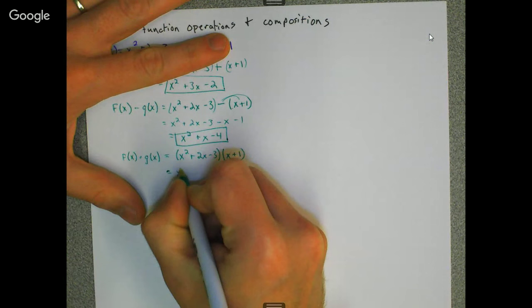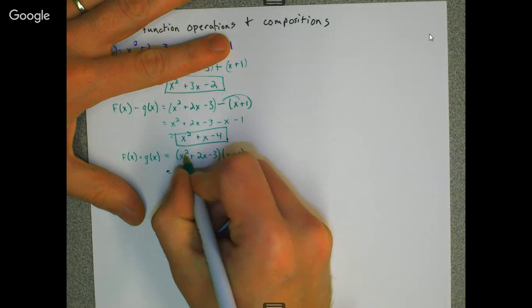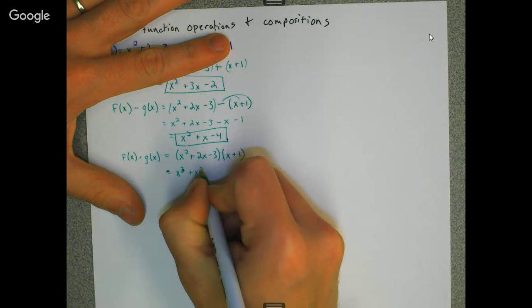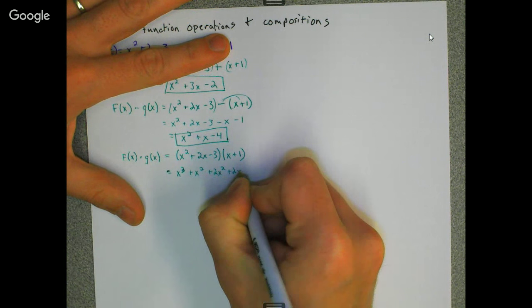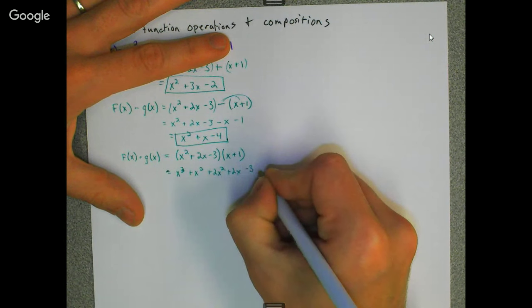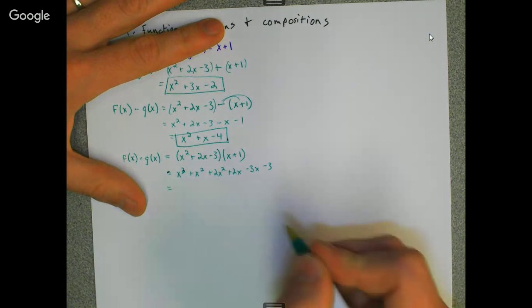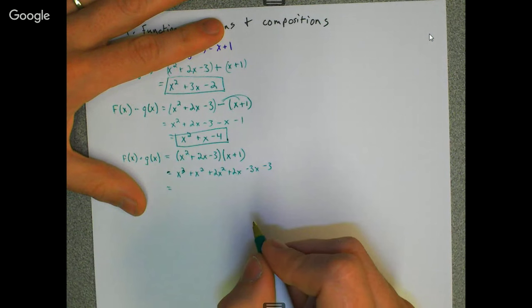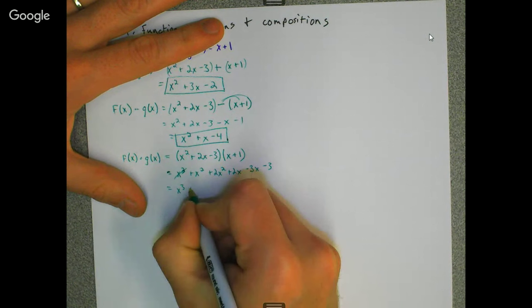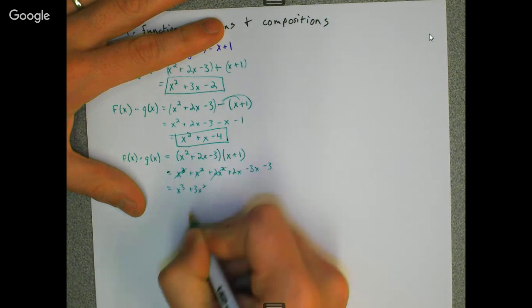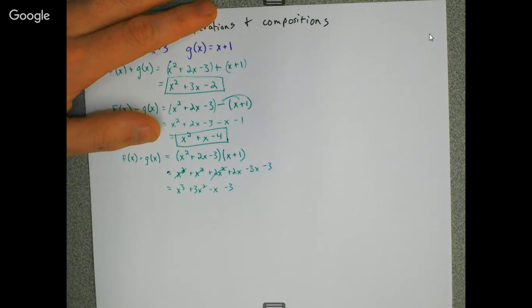So we'll have x to the third, plus x squared plus 2x squared plus 2x minus 3x minus 3. So then we'll have x to the third plus 3x squared minus x minus 3.